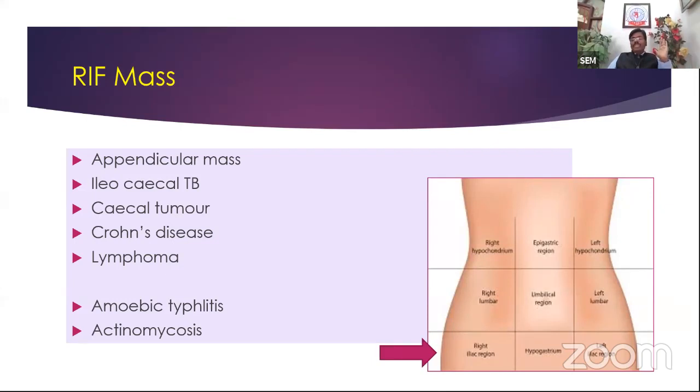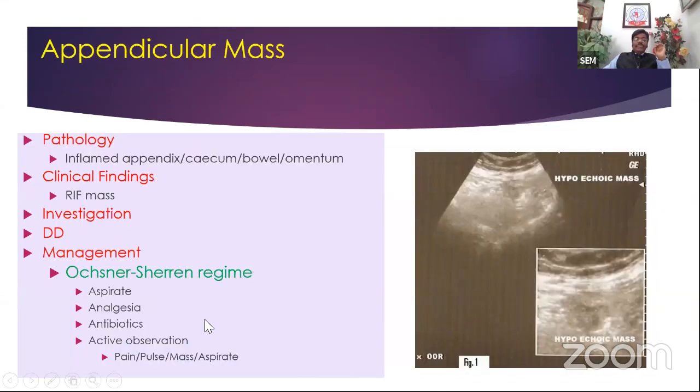Okay, if you want to have 7, but 5 is good enough for you as an undergraduate. And then you do an ultrasound or CT for the differential diagnosis of right iliac fossa mass, just now I mentioned to you, write it there.